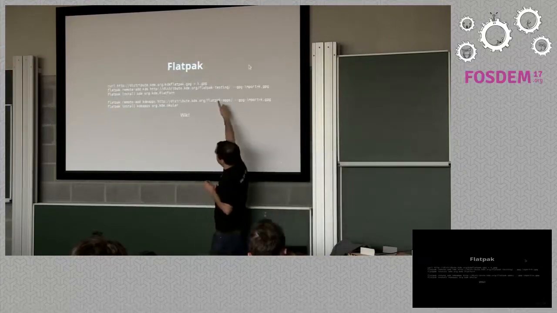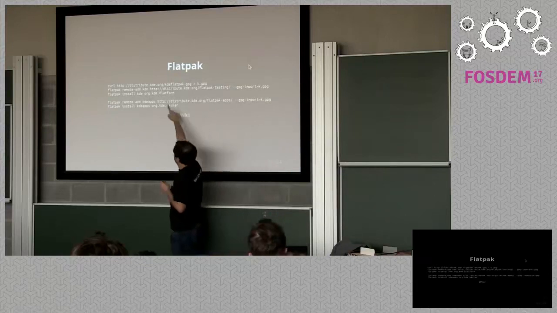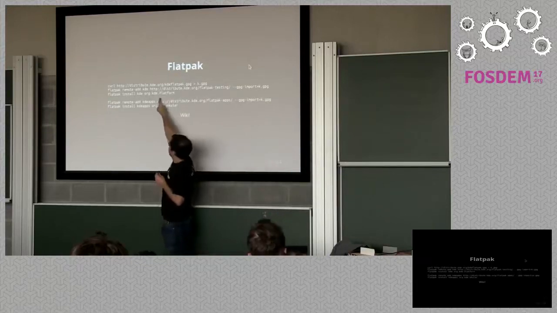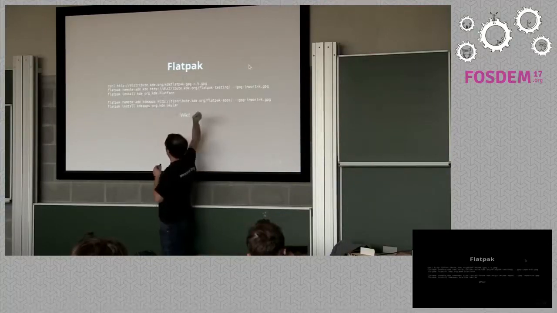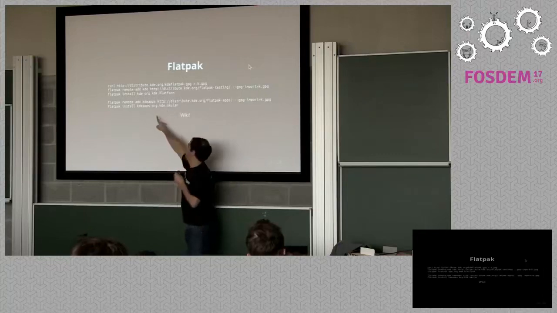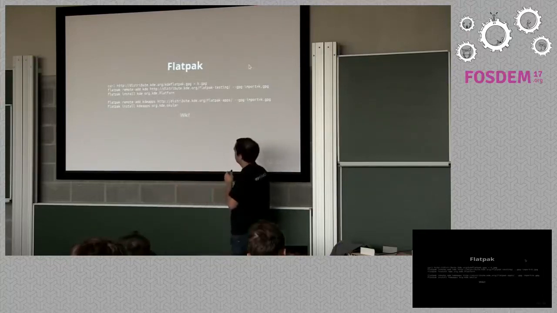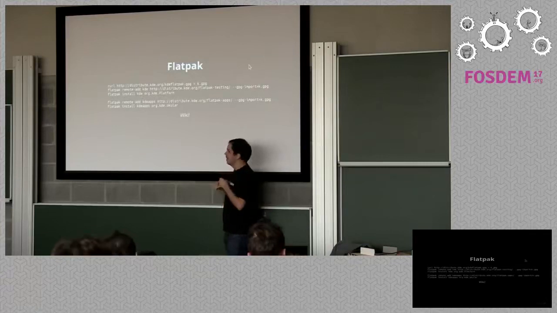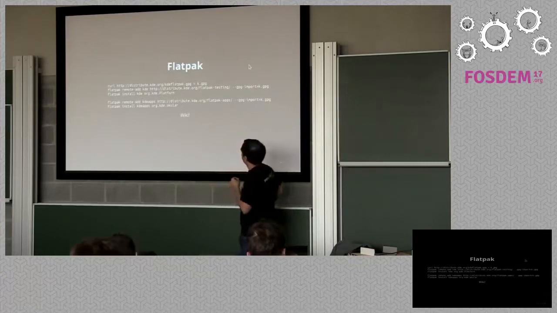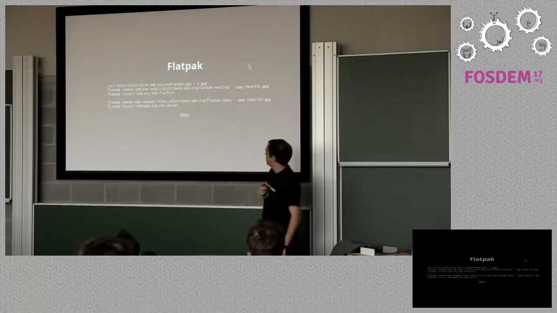What we see here is that we're adding a KDE remote, then installing the platform file from it, and then you add another remote, which is the repository we have for applications, and then we install an application, which in this case is Okular. Yeah, we have a wiki you can look at, and you will see all of the information there.